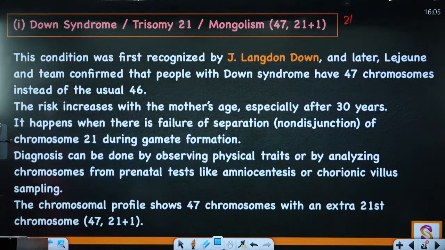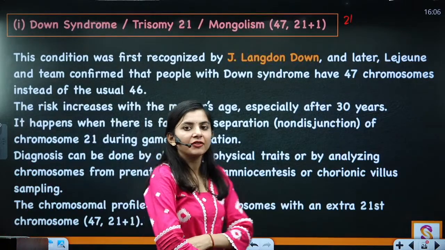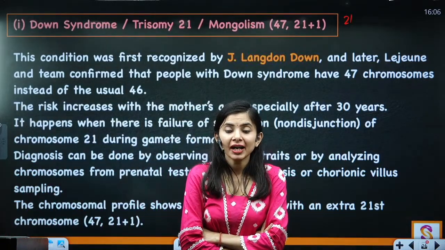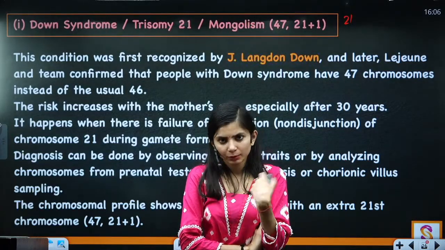This syndrome was described by Langdon Down. How many chromosomes does Down syndrome have? It has 47 chromosomes. Why? Because normally there are 46, and at the 21st chromosome there is one more addition.